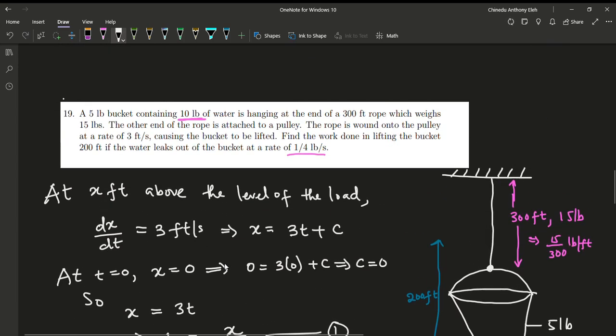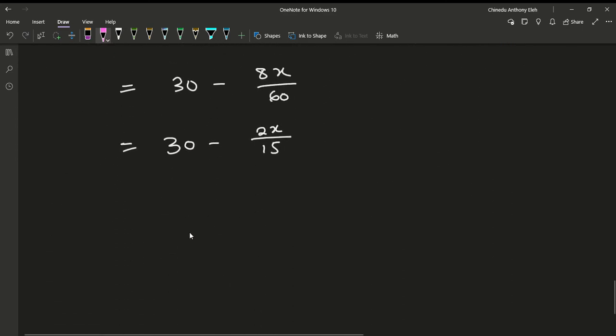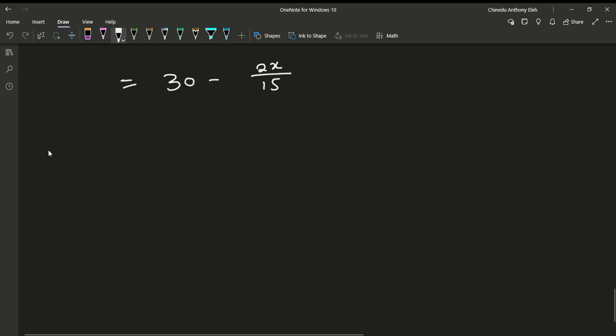Now we need to calculate the total work that will be done in raising this thing bit by bit, bit by bit, up until 200 feet high. So we conclude work done will be nothing but the integral from 0 to 200 of f of x dx.